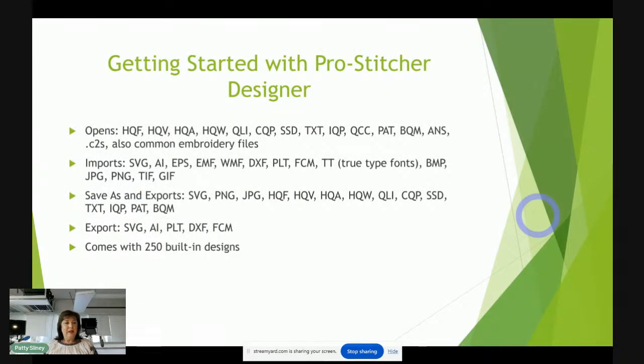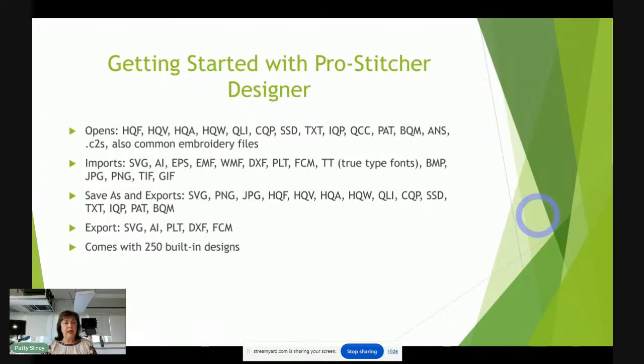Again, we talked about what it can open. There's a lot: all of the major long arm quilting file formats, no matter what kind of machine you have. These are the file types that it can import. You can see those are image files, SVG, and some you might be more familiar with, like BMP, JPEG, PNGs, TIFFs, GIFs.